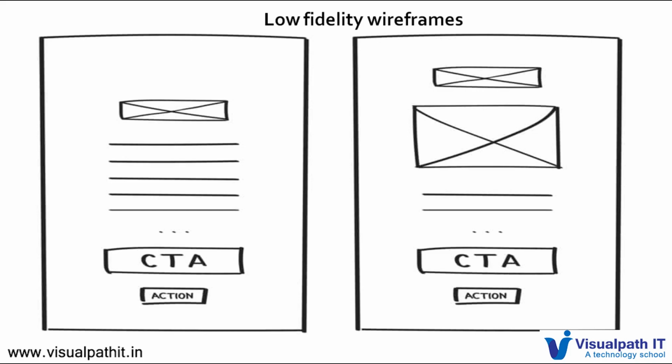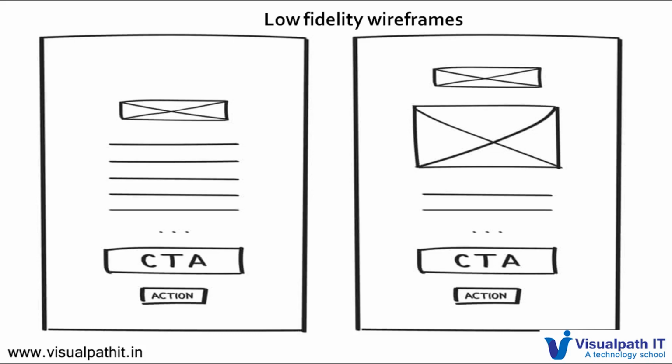In a low fidelity wireframe, we usually use a black and white scheme of simple sketches, like on paper. Focus on the big picture of the page or project. Your elements are shown as boxes and lines without detailed annotations.